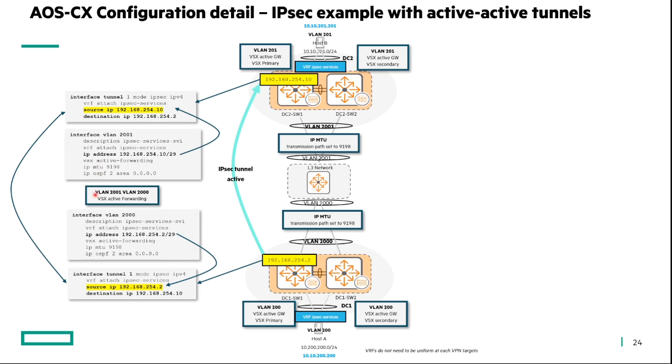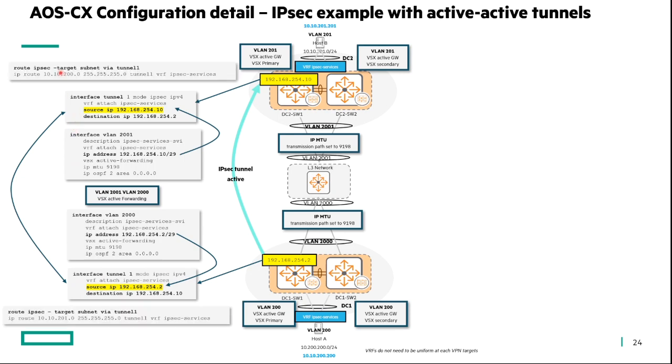So we must use, as I mentioned, for VLAN 2001 and 2000 as these northbound connectivity VLANs, active forwarding and take the IP address for our source IP addresses for our tunnels locally at each local switch. In addition, we need to configure our target routes to use the local tunnel.